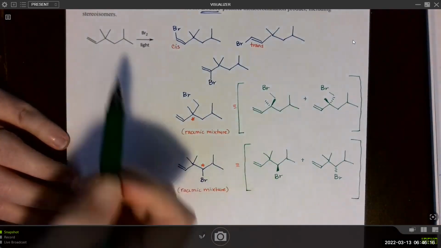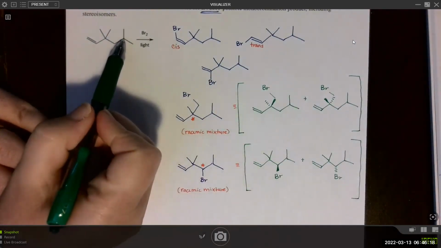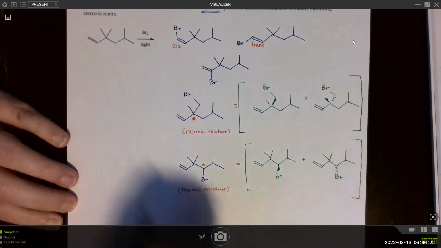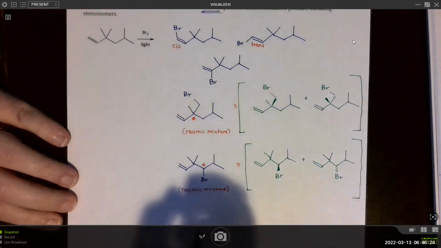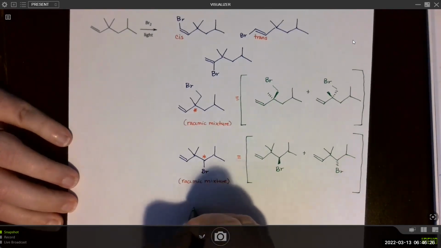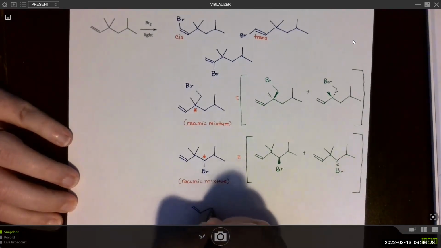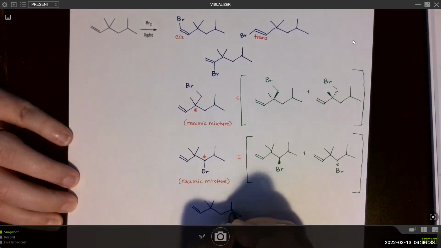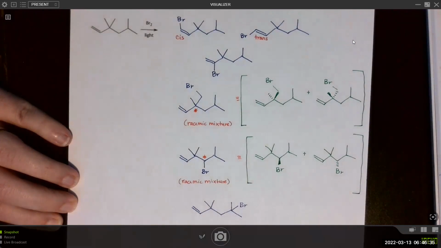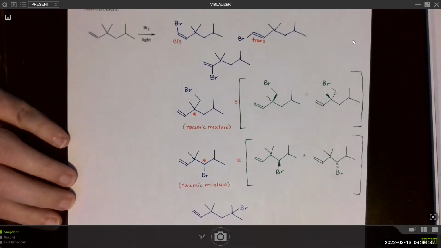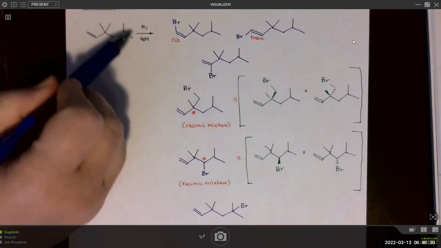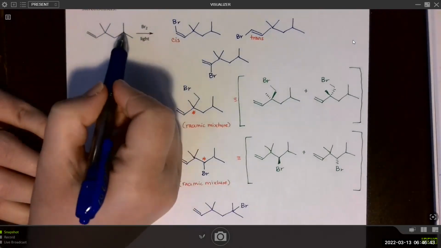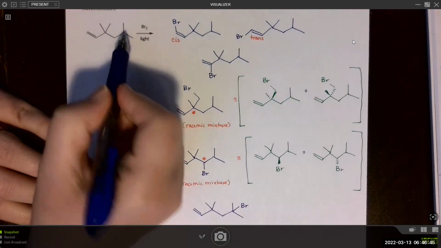Okay, where else could that bromine go? What if that bromine goes here? That does not generate a chiral center. So we'll go ahead and draw it out. Okay, so that, and then lastly, if you were to place it at one of these two terminal methyl groups, technically that would create a chiral center here.